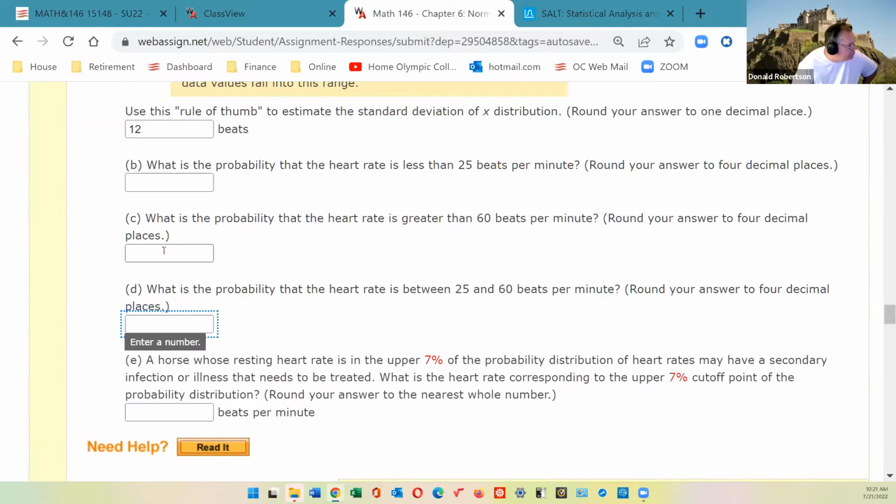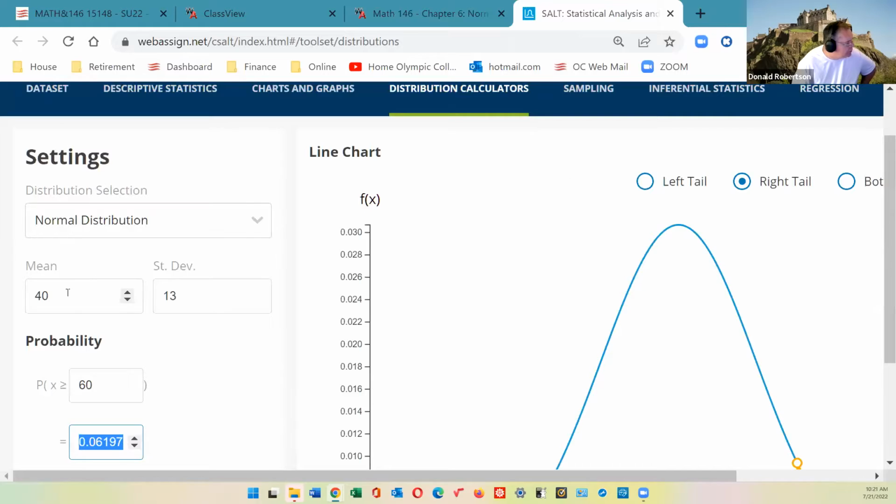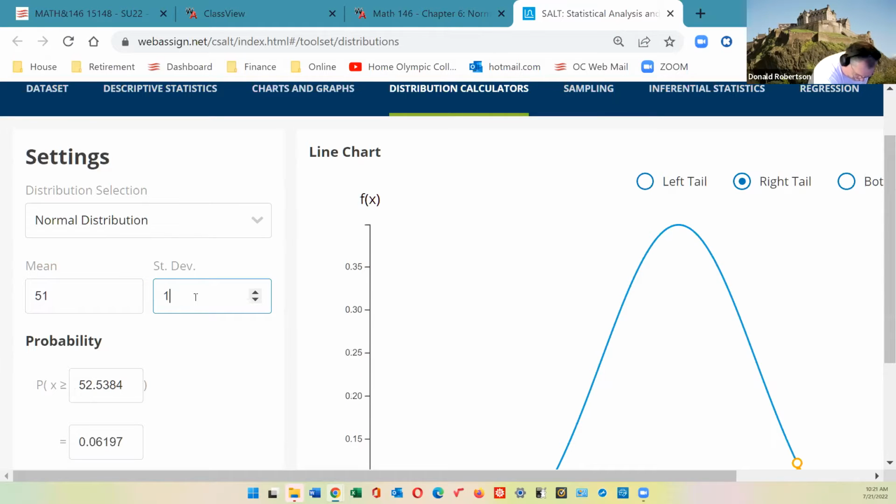So let's do this one. The heart rate is greater than 60. So I go into the software, and I put in the mean for the horses at 51, and the standard deviation for the horses is 12.